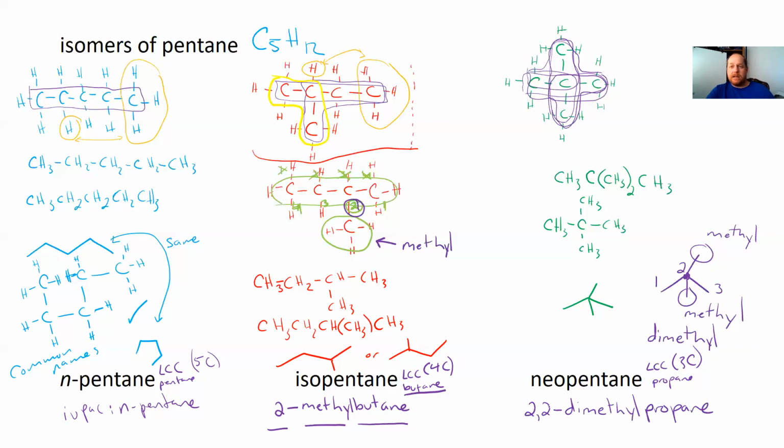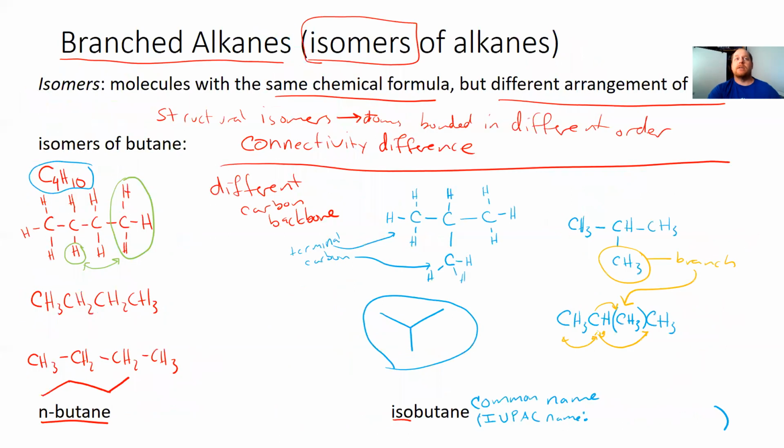Now, if I had 3 methyl groups, I would have 3 numbers to associate with them, and it would be trimethyl. If it was 4 methyl substituents, I would have 4 numbers separated by commas, and it would be tetramethyl. That's how we use the numbers and the prefixes. With this in mind, we can also name the isomer of butane.